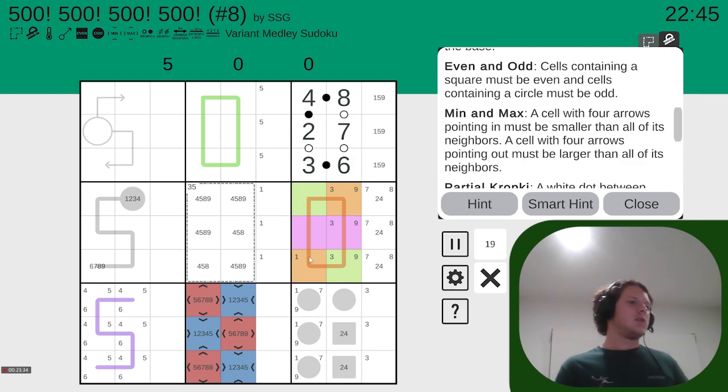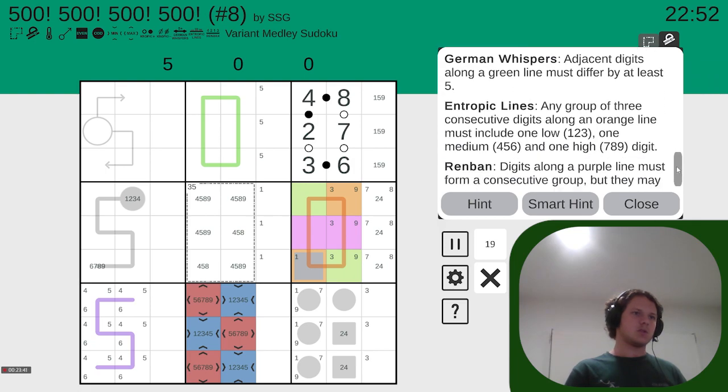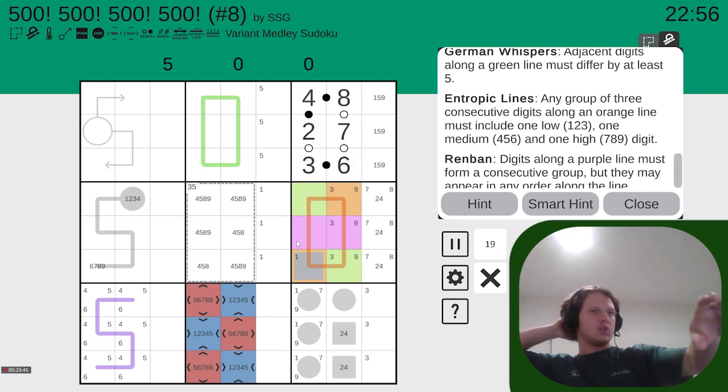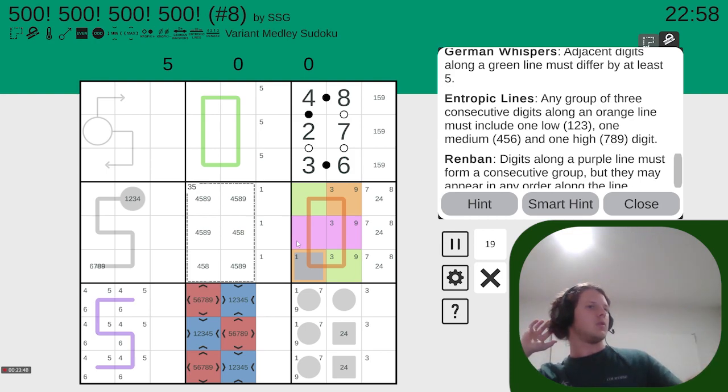And the 1 has to be the low digit on this entropic line. Any group of 3 consecutive digits along the orange line must include 1 low and 1 medium.